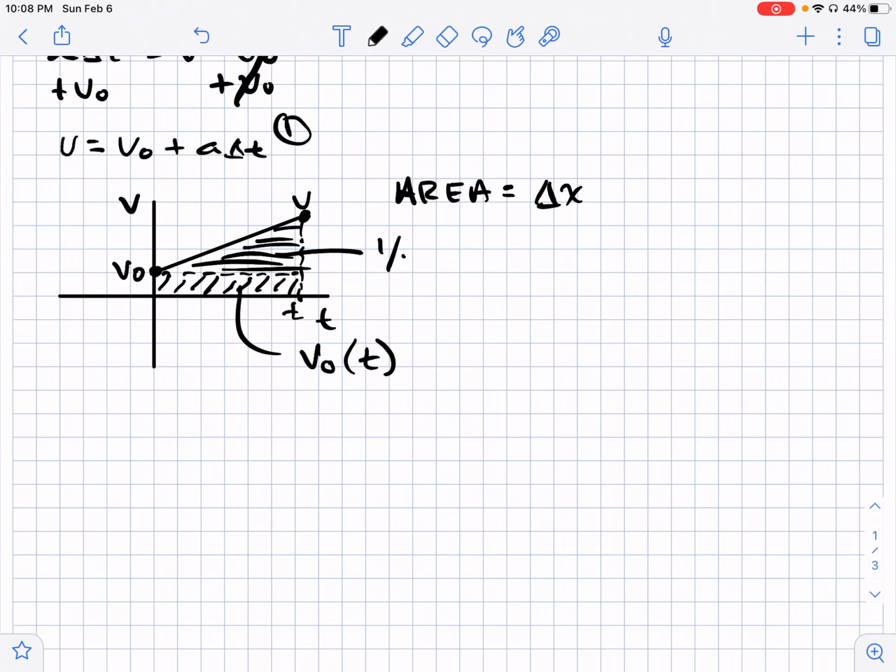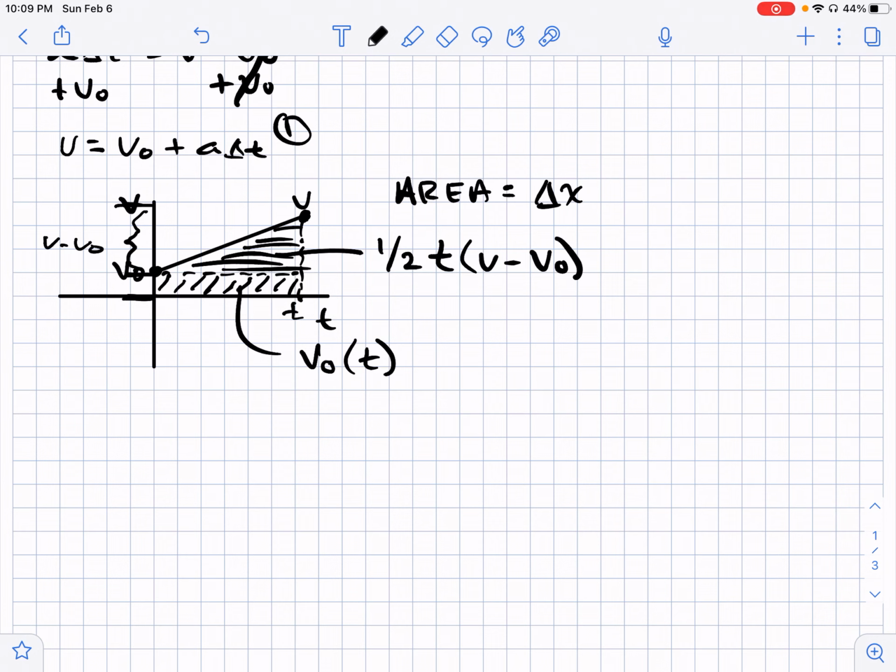So it'd be 1/2. Your base here is going to be t. And then your height, now from here to here is v naught. From here to here is v. So that means this little section right here is going to be v minus v naught. So v minus v naught.